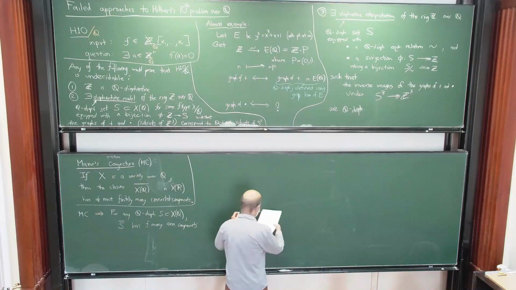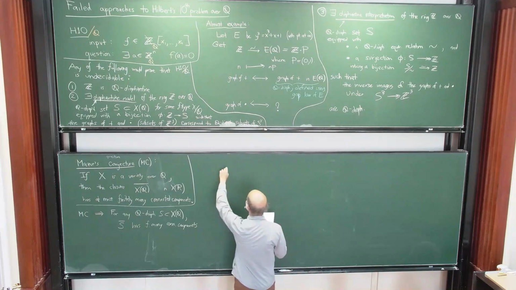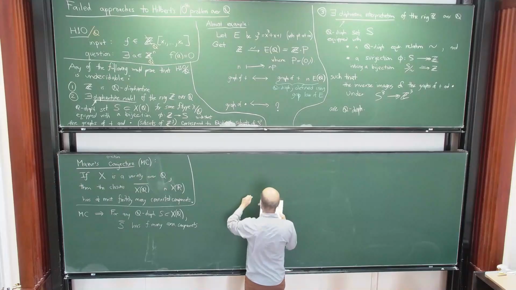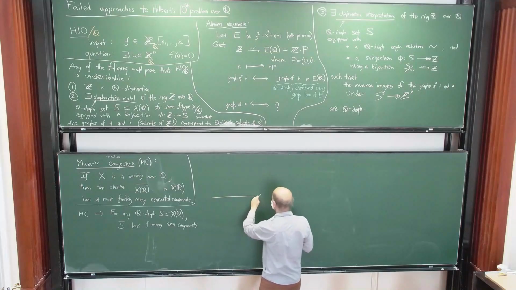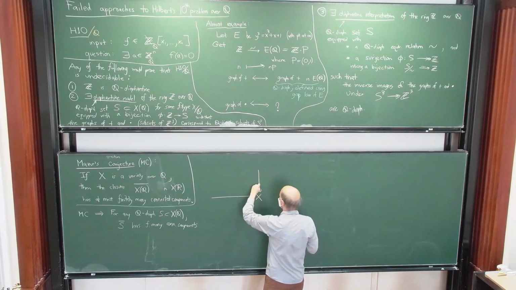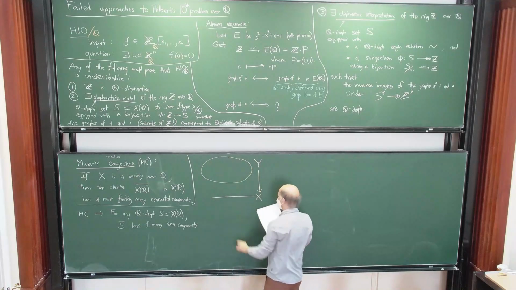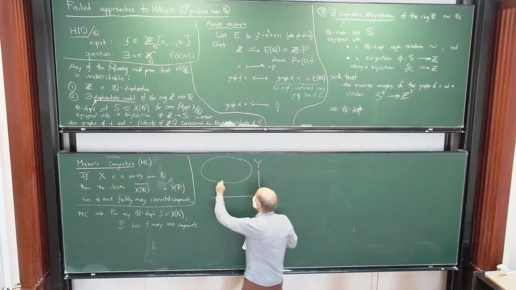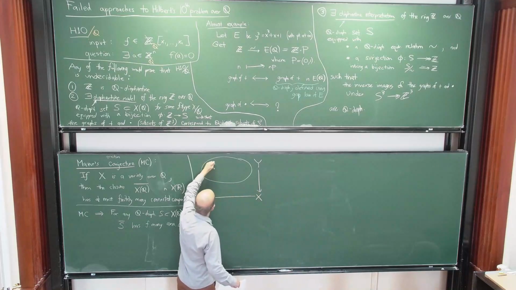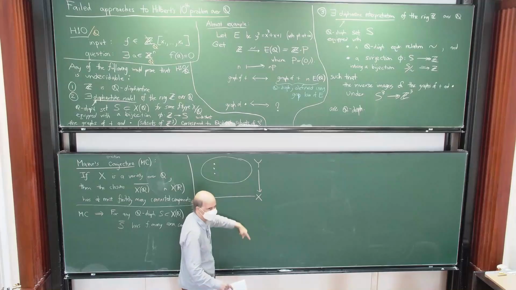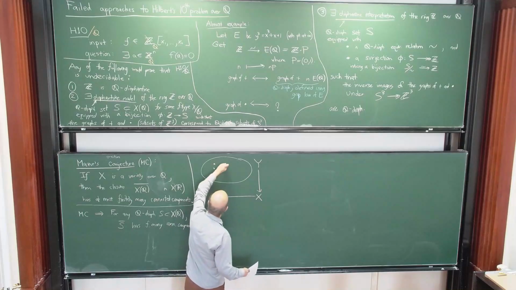Maybe it's easiest to draw a picture. First of all, a Diophantine set, to remind you, by definition: you have a morphism of varieties, so you have some big variety up here, and then you look at all the rational points on the big one, and you project them down.